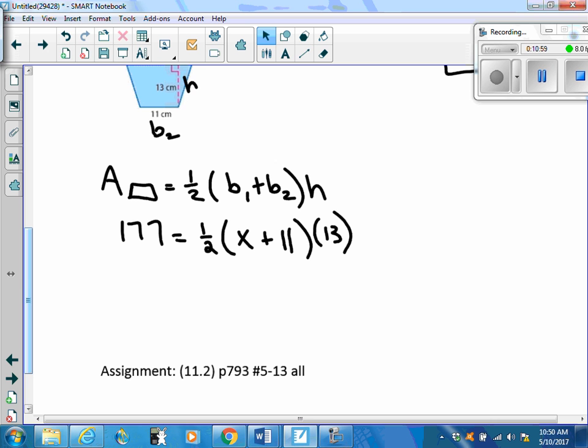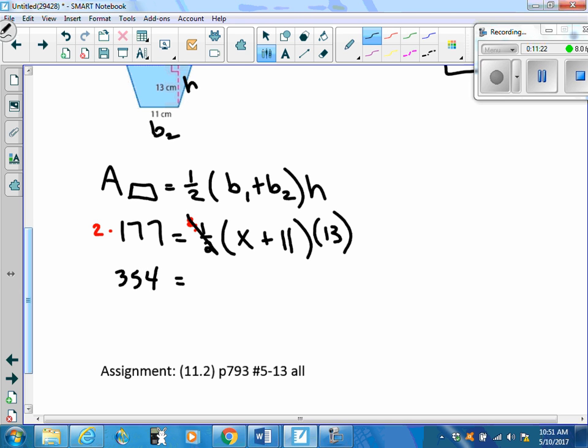So I'm going to actually multiply that on both sides. And so multiply by 2 on the right and multiply by 2 on the left. And take that product. 2 times 177 is 354. My 1/2s are now gone.